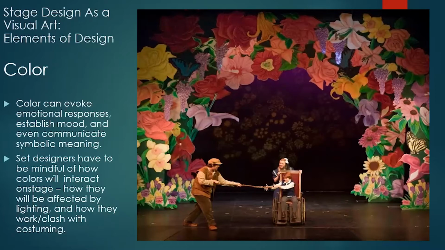Those are artistic concerns. On the technical end, color is extremely important for a set designer because he or she has to be concerned with how that color is going to interact technically on stage with other colors, with the colors of the costumes, and also what colors the lighting designer puts on a set. So if there's any one of the elements that we want to all be on the same page about from the beginning, it's color.